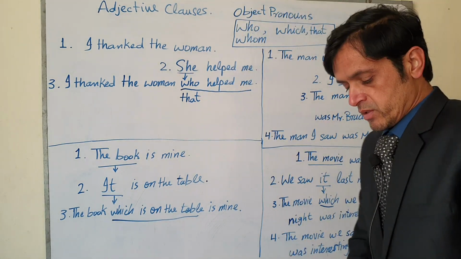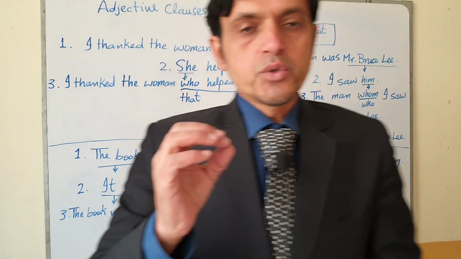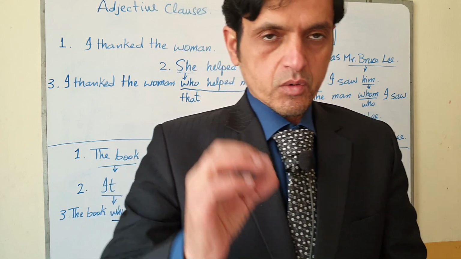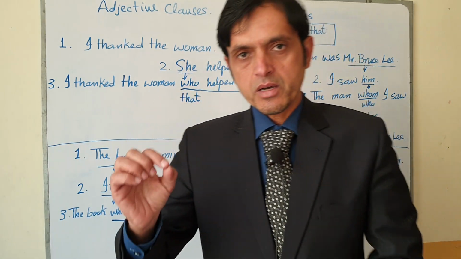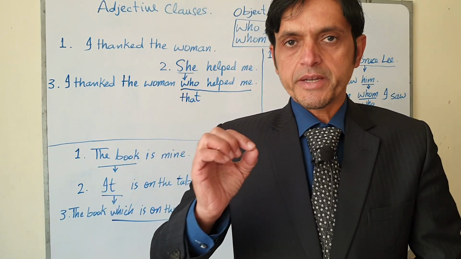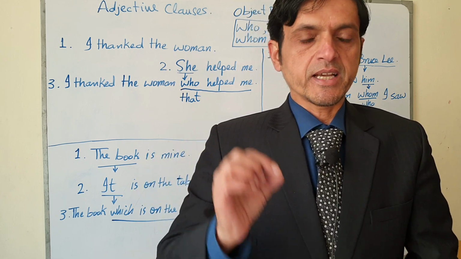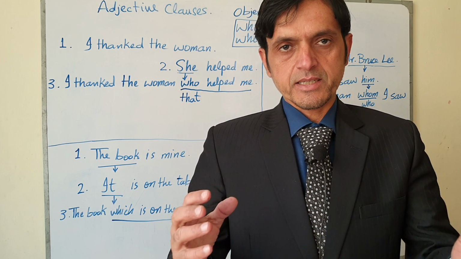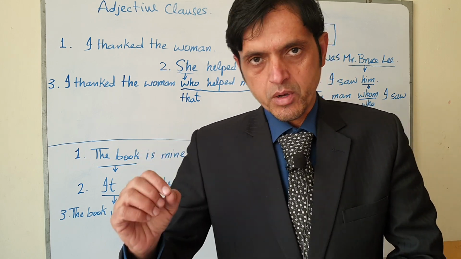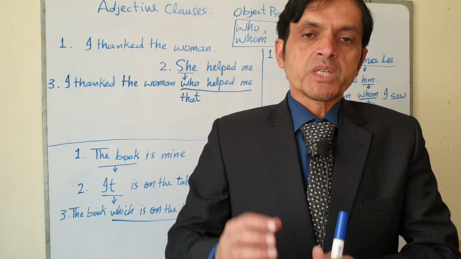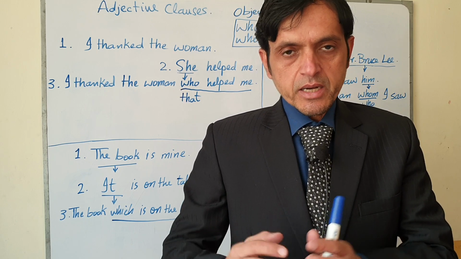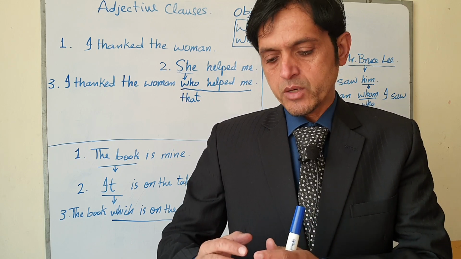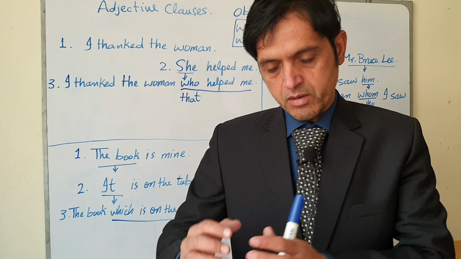Now first of all, you should know what a clause is. A clause is a group of related words containing a subject and a verb. This is a clear-cut definition of a clause. Some of the students are confused about a sentence and a clause.